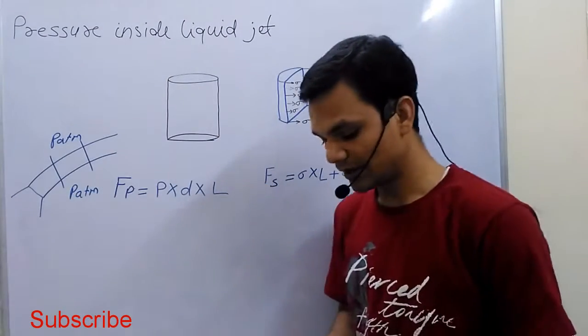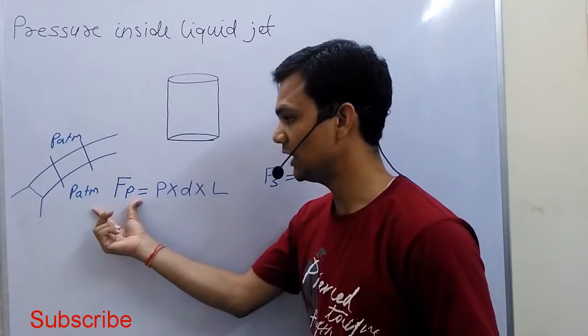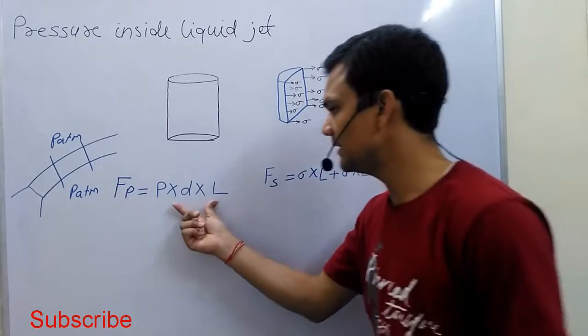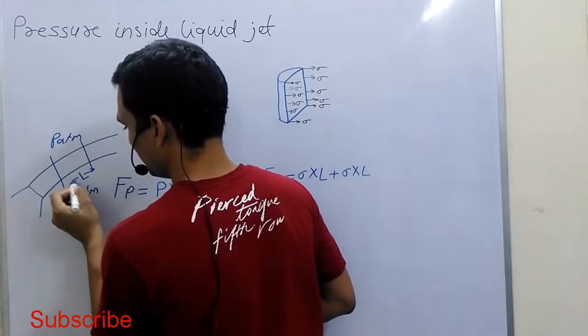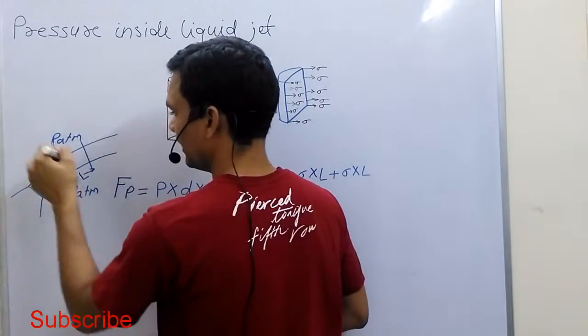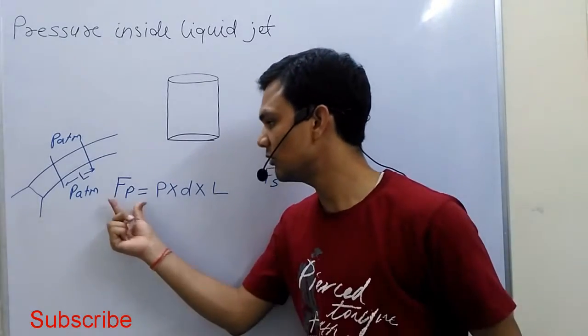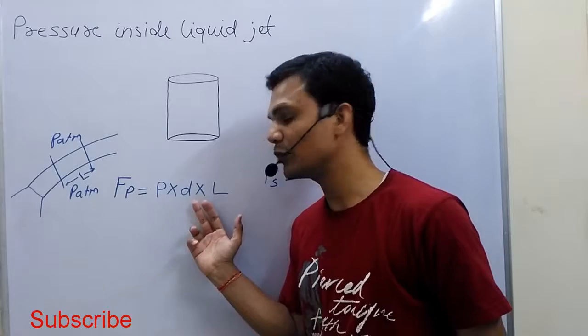Now the pressure force acting on this portion will be pressure P times area, suppose this length is L and the cross section is D, because to calculate pressure force we consider a projected area.